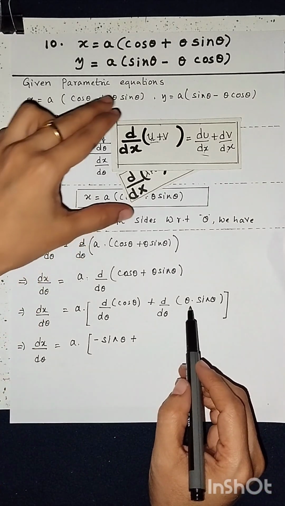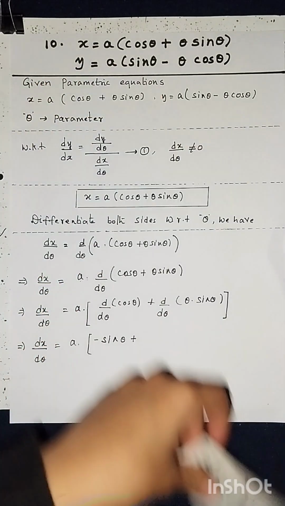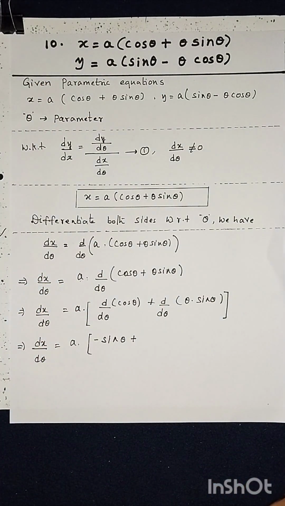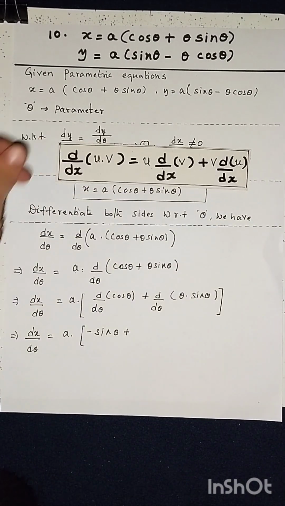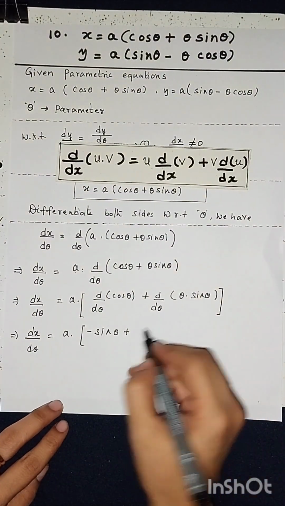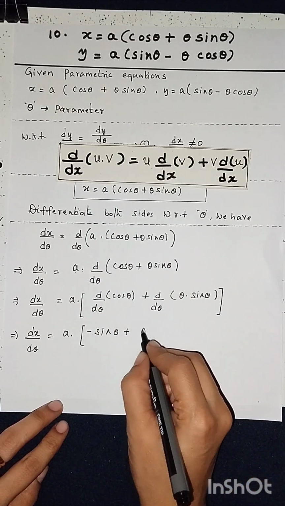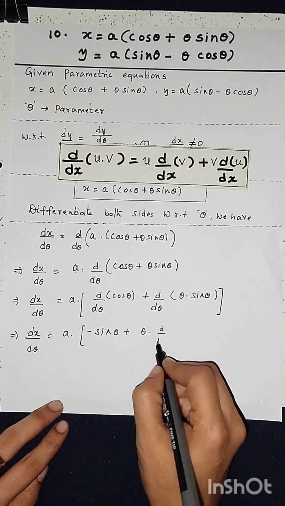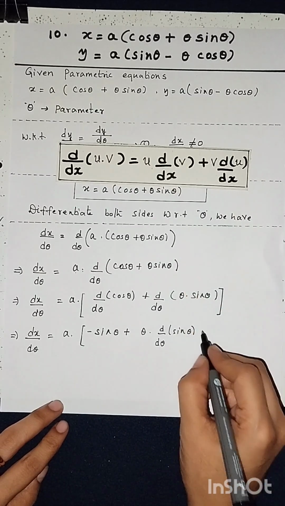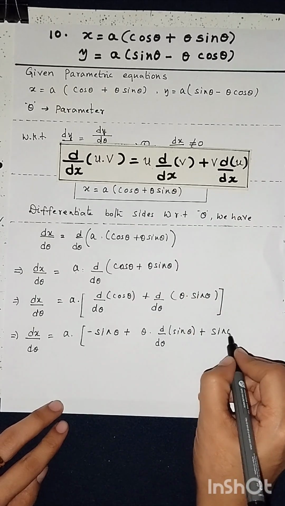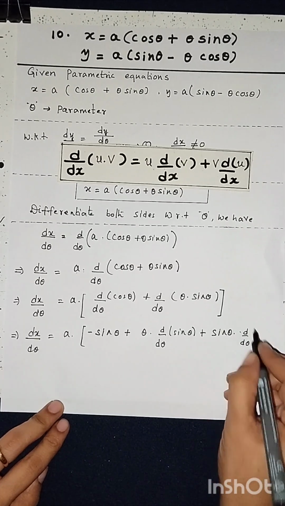So even this is a function and this is also a function. So how will we differentiate function into function? We'll apply the product rule, the uv rule: theta into derivative of sin theta, then plus sin theta into derivative of theta.